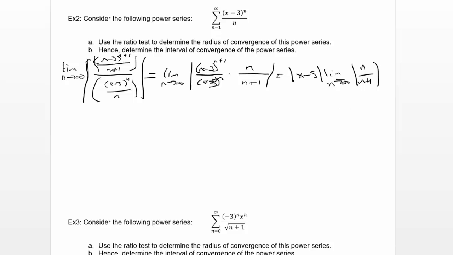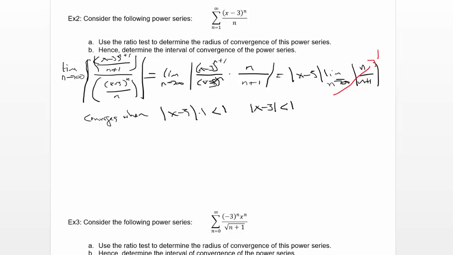The limit of n over n plus 1 as n tends to infinity is 1, meaning, according to our previous definition, we would say that L is equal to 1. We know this converges when the absolute value of x minus 3 times 1 is smaller than 1, or when the absolute value of x minus 3 is less than 1.